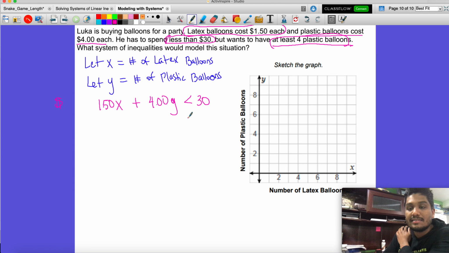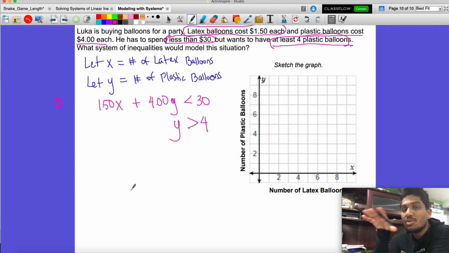So at least means greater than or equal to 4, and the only thing we need to worry about is plastic balloons, which is the variable y. There's no reason to include x here, because that fact doesn't involve latex balloons, only plastic.